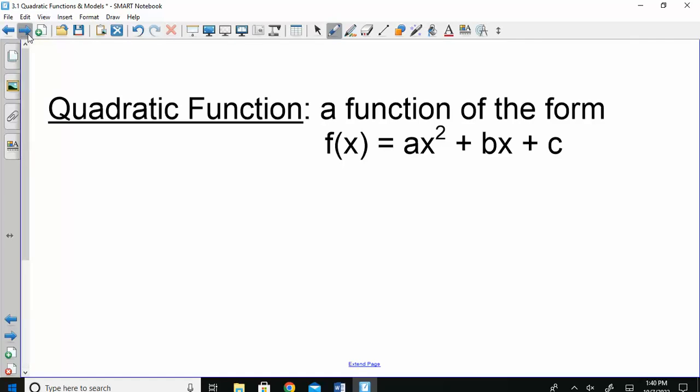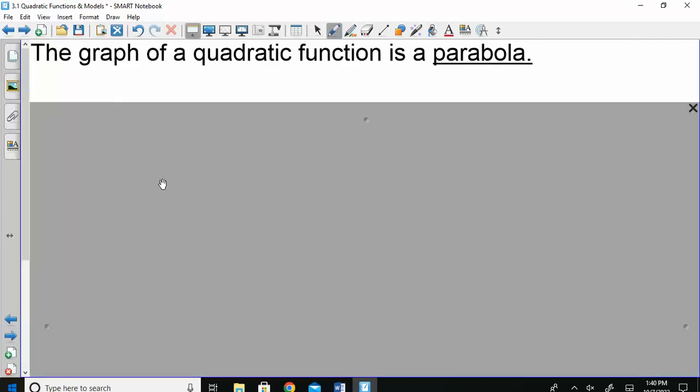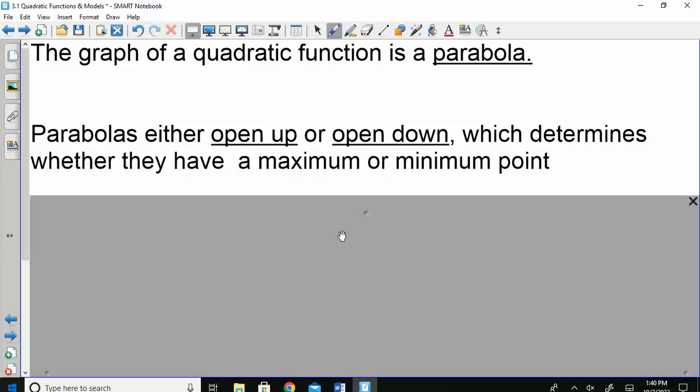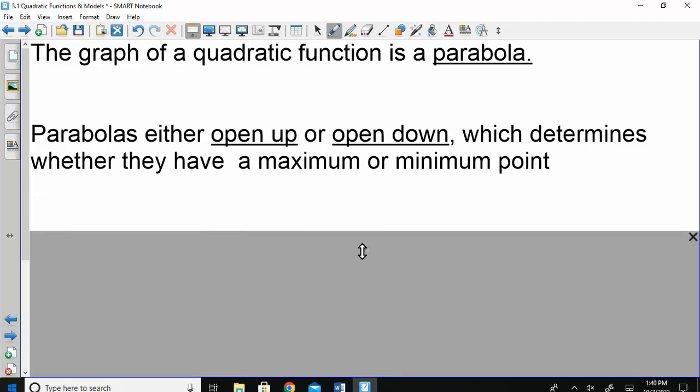When we have a quadratic, the graph is a parabola. And when we're looking at parabolas, we have two options. They can either open up or open down. Whether it opens up or down determines if you have a maximum or a minimum point. So if you have a parabola that opens up, is this point a maximum or a minimum? Minimum.